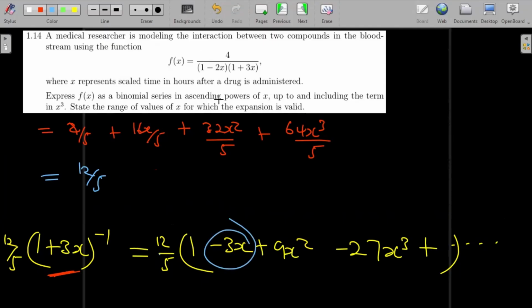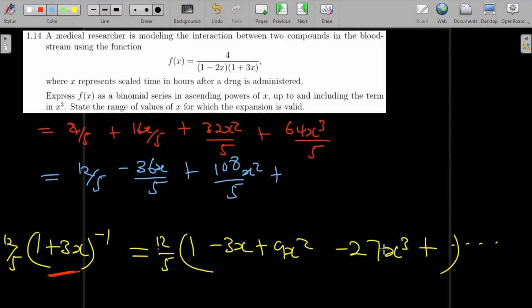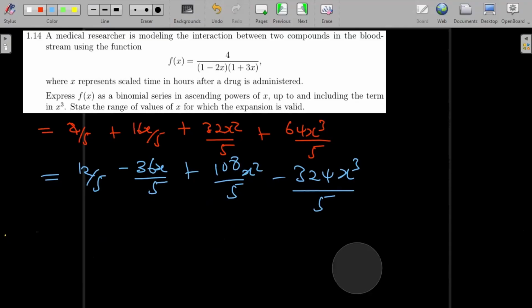So 12 multiplied by this, I'm going to get minus 36x/5. Then plus, 12 multiplied by 9, it's just 108x²/5, plus 12 multiplied by minus 27, I'm going to get minus 324x³/5. So that's what we did.